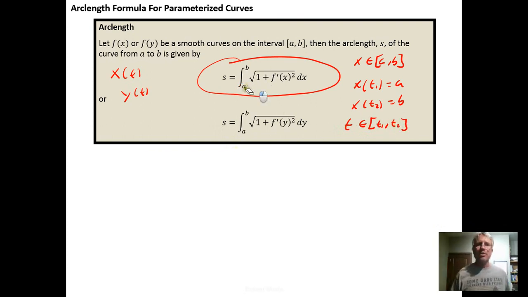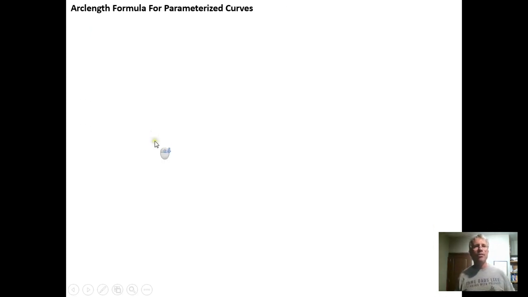And what we can do is manipulate this formula for arc length that we already derived into a form that is amenable to parametrically defined curves. So here's the idea. We're going to do exactly what we said on the previous slide. x is running over the interval from a to b, and we're interested in finding the arc length of the curve over that x interval.